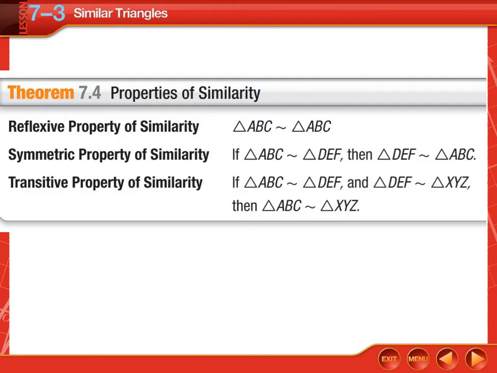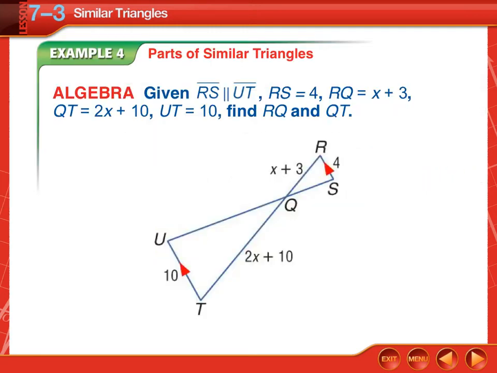For example, if you remember transitive, if A equals B, this is pure algebra now, and B equals C, then A must equal C. Well, above here on the transitive property of similarity, if we say that we have one triangle similar to a second, and that second is similar to a third, then the first must be similar to the third. That's all it's saying, and the same other properties apply as well.